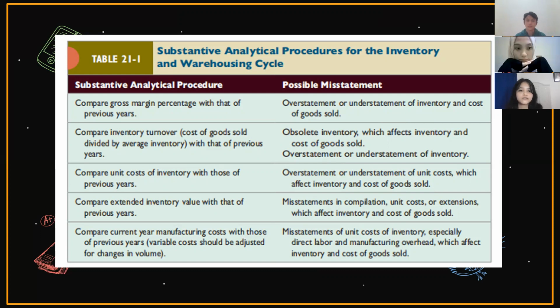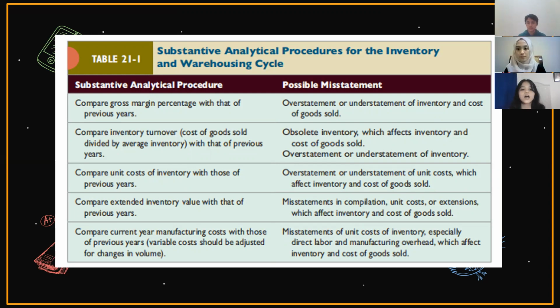For the substantive analytical procedures, number 3, compare unit cost of inventory with those of the previous year for possible misstatement, overstatement, or understatement of unit costs which affect inventory and cost of goods sold. And number 4, compare extended inventory value with that of the previous year for possible misstatement in compilation, unit cost, or extension which affect inventory and cost of goods sold.